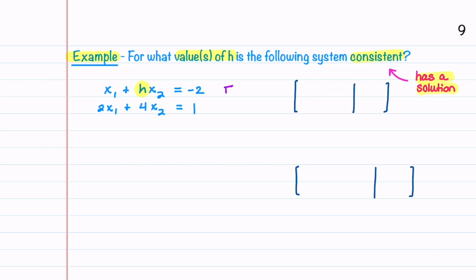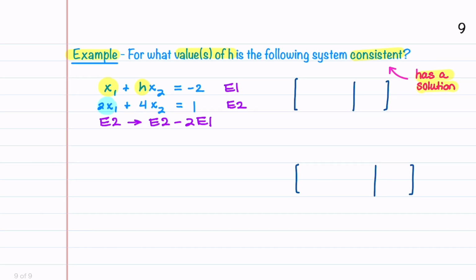We'll call this equation 1, and we'll call this one equation 2. We're going to use our x1 term in equation 1 to eliminate our x1 term in equation 2. So E2 is going to be replaced with E2 minus 2 times E1.